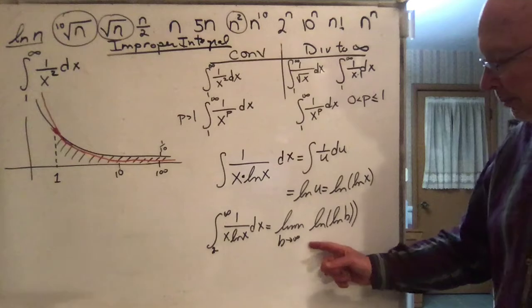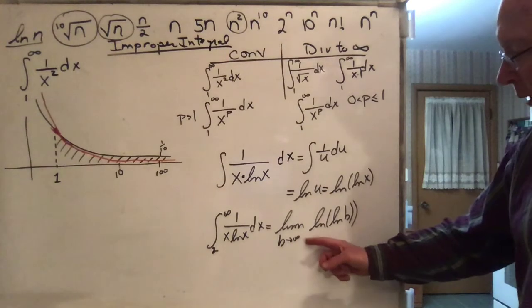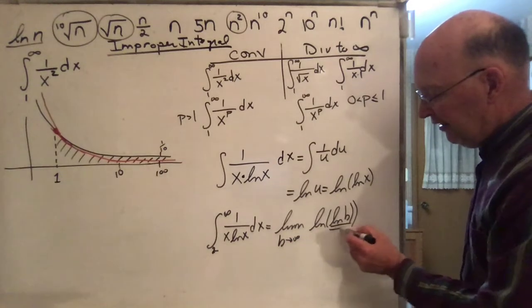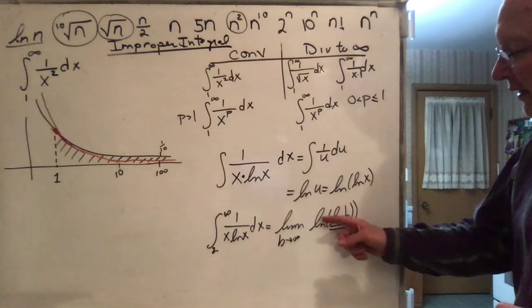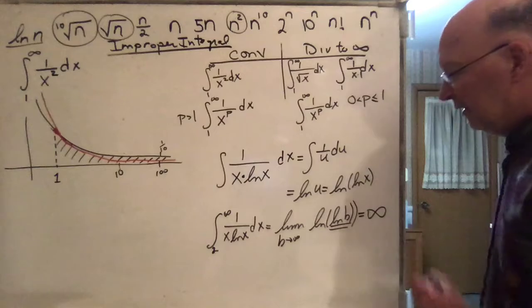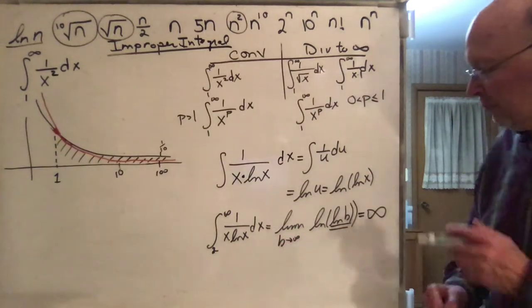So look at here. As b goes to infinity, this thing here is going to go to infinity, and as this goes to infinity, the ln of that is going to go to infinity. So this thing right there is going to diverge. See that? It's going to diverge.